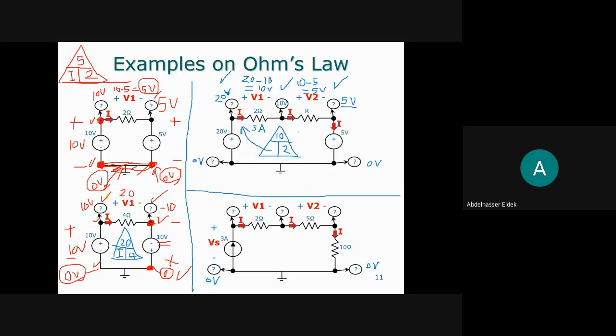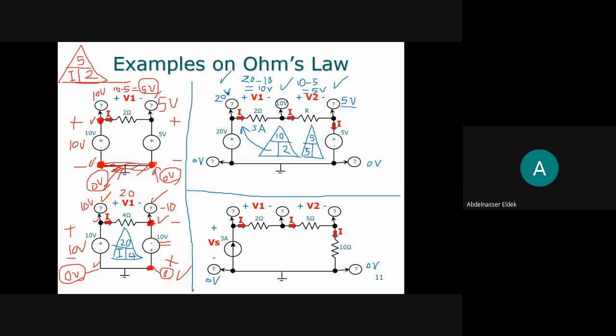Okay, what's next? I need to calculate R also here. See this R. So we need to apply Ohm's law again. What is the voltage? The voltage is 5 volt. What is the current?